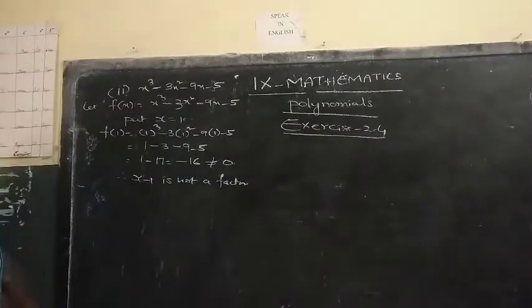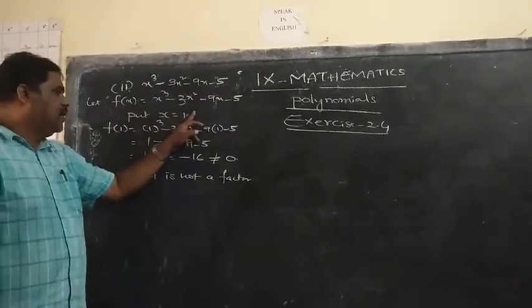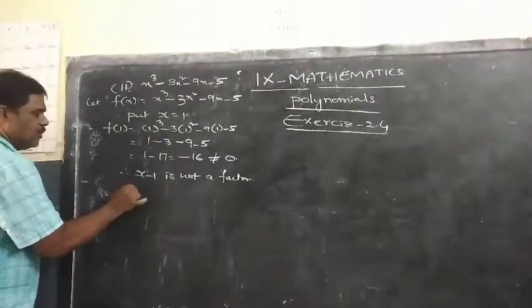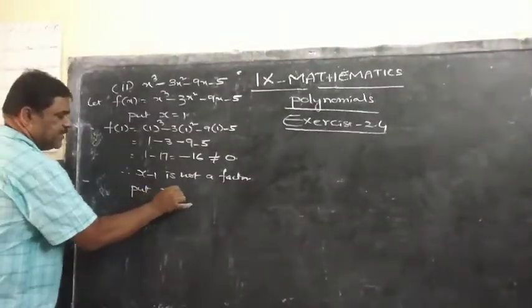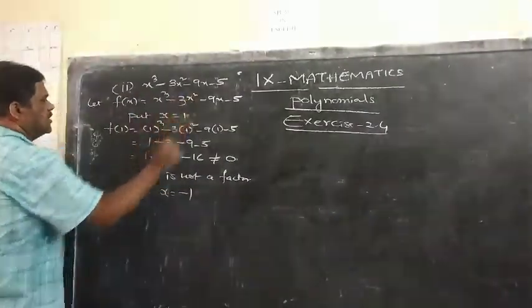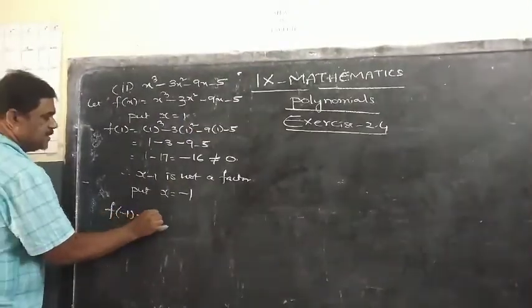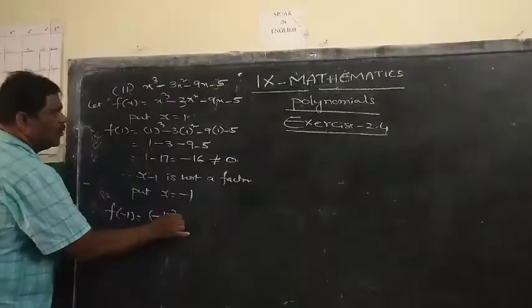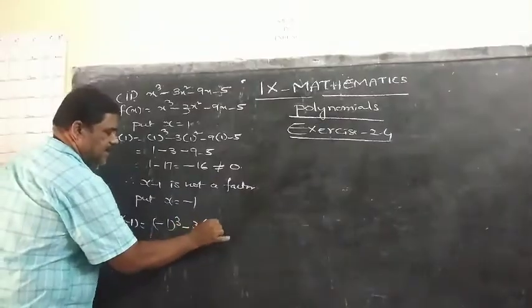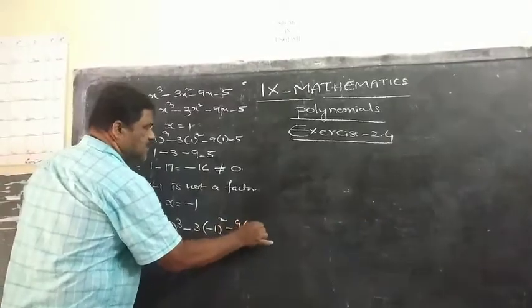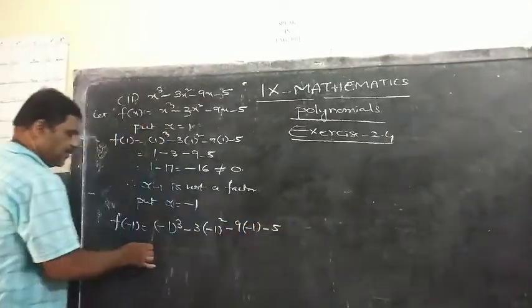When on substituting x is equal to 1, if you are getting other than 0, then you go for x is equal to minus 1. So let us try with x is equal to minus 1. Substitute x is equal to minus 1. So f of minus 1 is equal to minus 1 whole cube minus 3 into minus 1 whole square minus 9 into minus 1 minus 5.